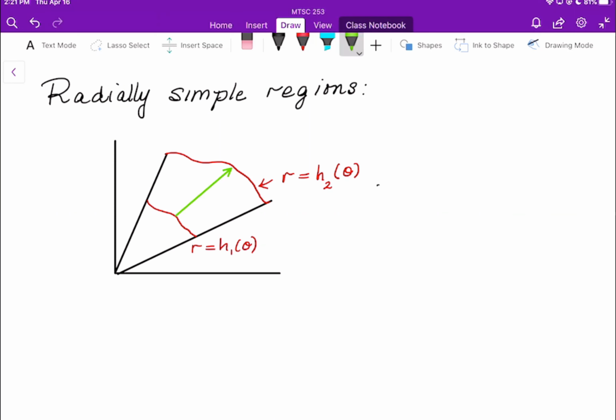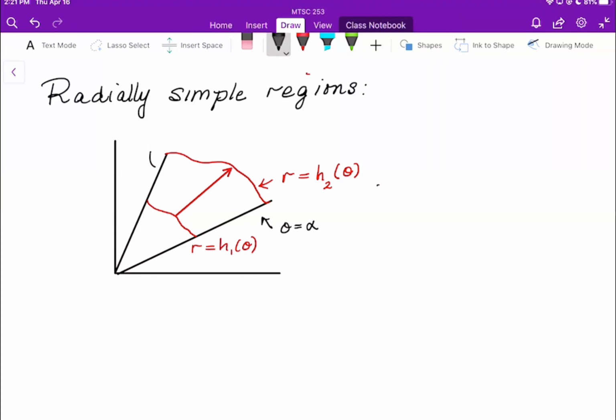Okay. So here, on this line, theta is theta 1. Well, I'll just call it alpha, like we've been calling it.